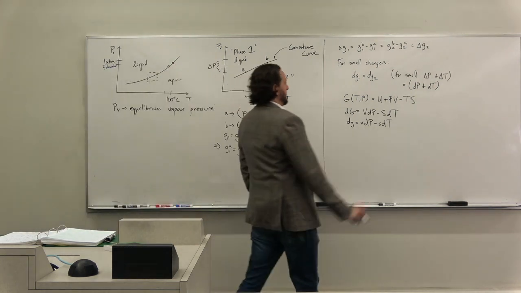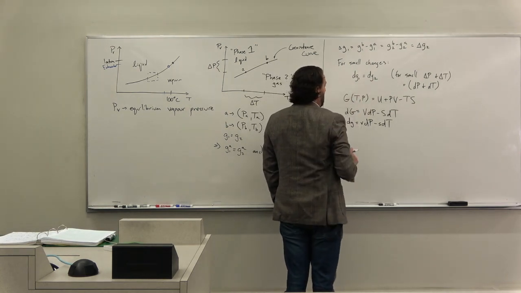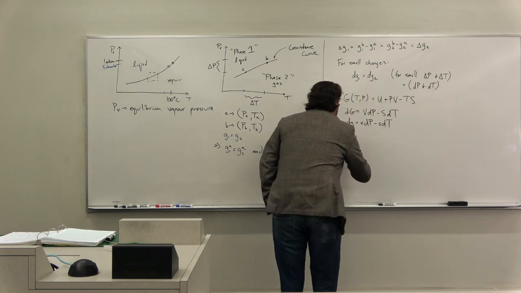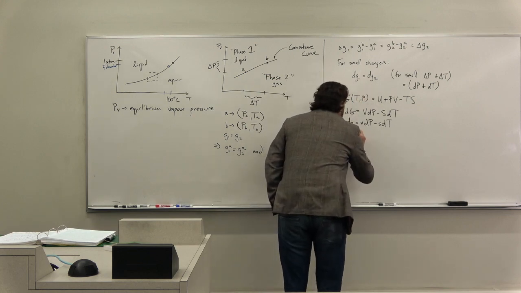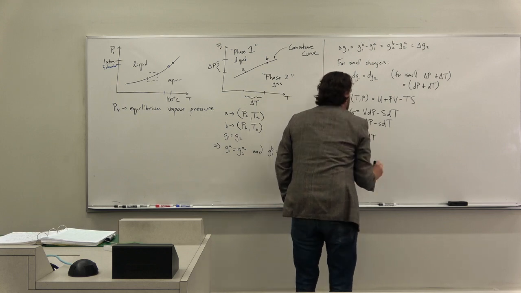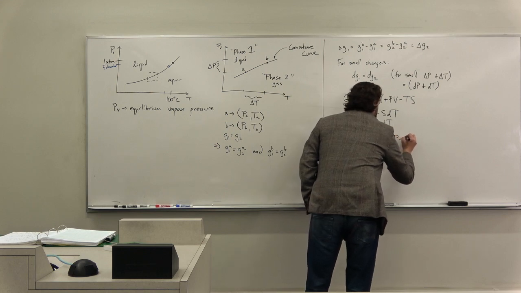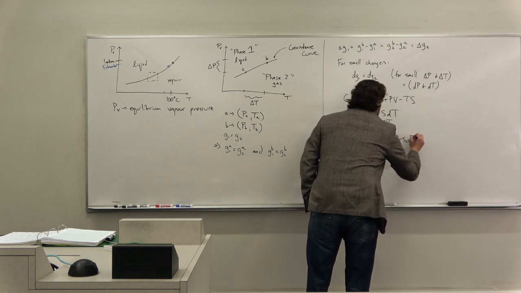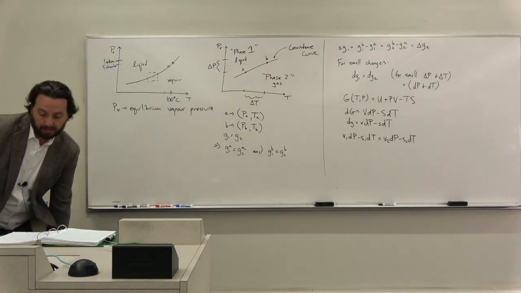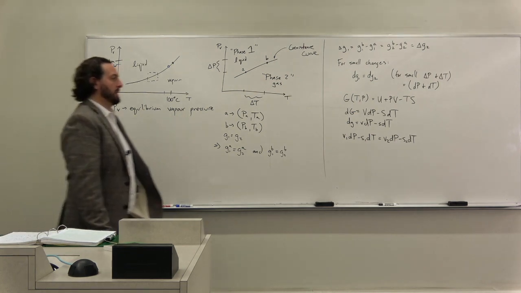Okay, so that tells us that along our coexistence curve, not only is delta G1 equal to delta G2, but we can say V1 dP minus S1 dT is equal to V2 dP minus S2 dT. Let's group those.